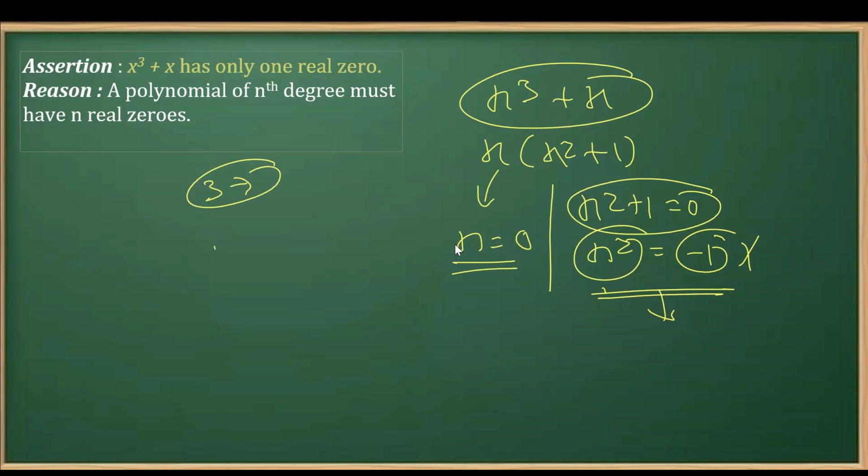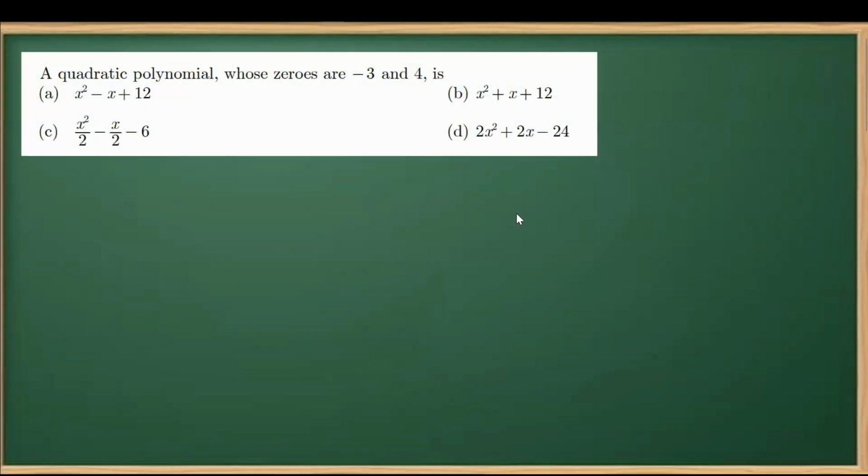Similarly, any quadratic polynomial can have a maximum of 2 zeros. So when they say nth degree, it means it can have up to n zeros, right? Therefore, the assertion is correct, but the reason is false.